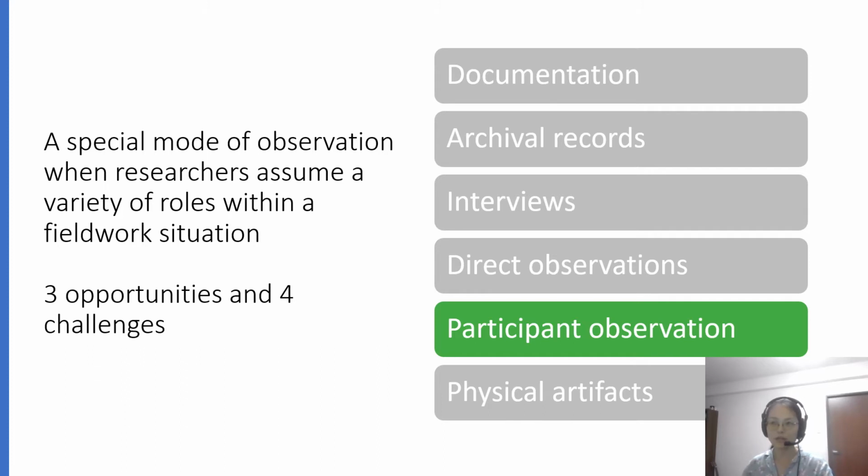In this mode, researchers are no longer passive researchers, but actively participating members of the phenomena or environment they are studying. And it poses 3 opportunities and 4 challenges when doing participant observation.